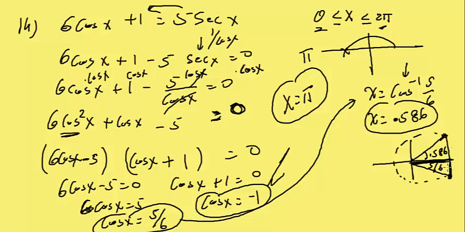To find this answer, I have to subtract from 2 pi. So x is equal to 2 pi minus 0.586, because all the way around is 2 pi, and I am 0.586 less than 2 pi. So I'm going to subtract that. 2 pi is really 6.28.